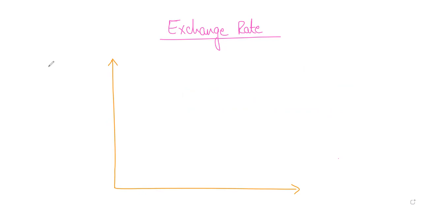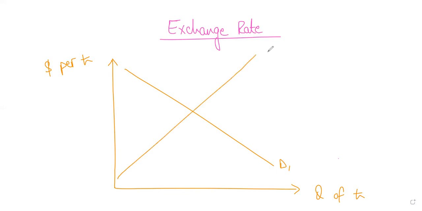Let's say we're comparing dollars and pounds, so dollars per pound. On the x-axis, the second currency will come, so it will be quantity of pounds. Downward sloping will be the demand for pounds, and upward sloping will be the supply of pounds. Is everyone clear on this?